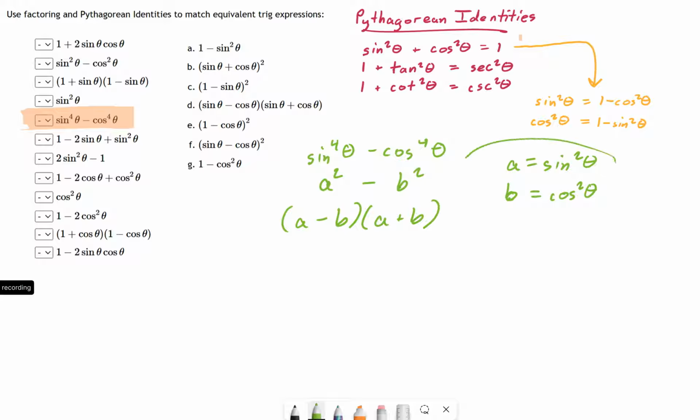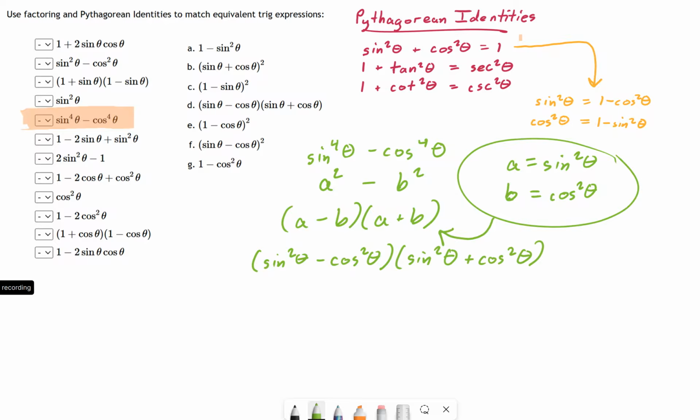So now you can use these substitutions and plug them in there, and you'll see that this actually becomes something a little more straightforward. It turns into sine squared minus cos squared times sine squared plus cos squared. I said it would be more straightforward.